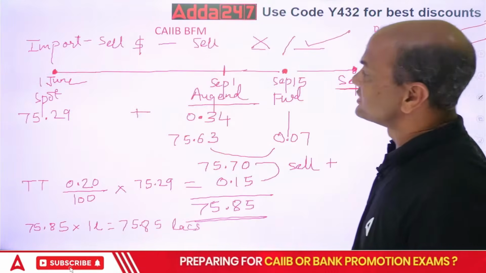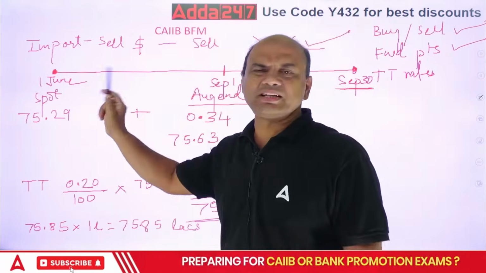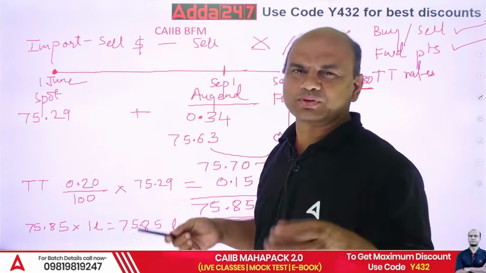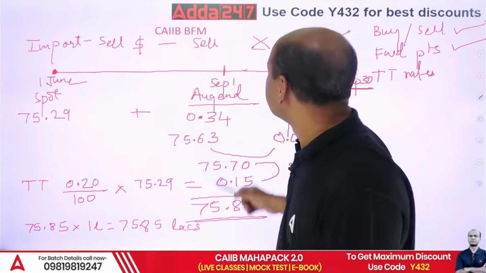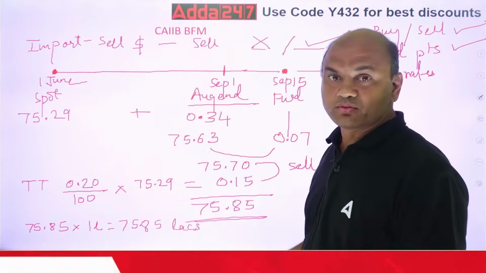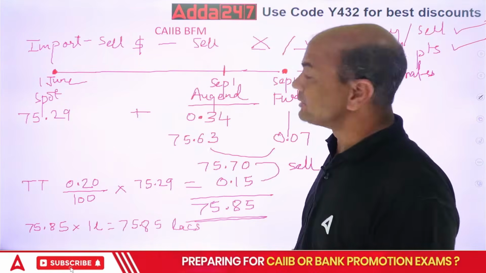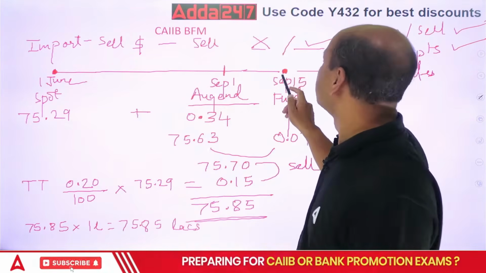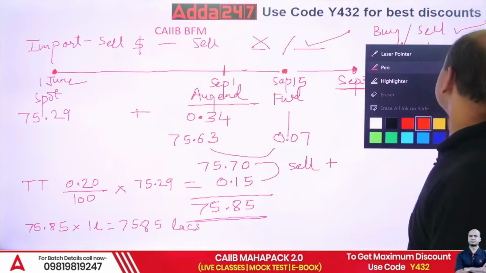Say this date is anything. We don't know the date. Let's take it 1st June. When is this forward transaction happening? September 15th. So I have to book the rate for September 15th.